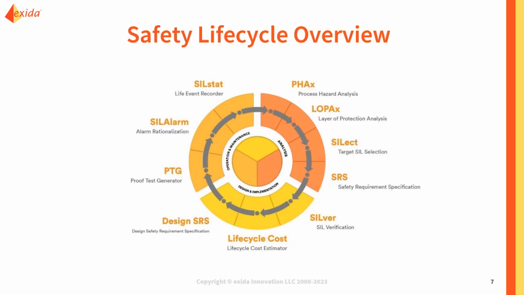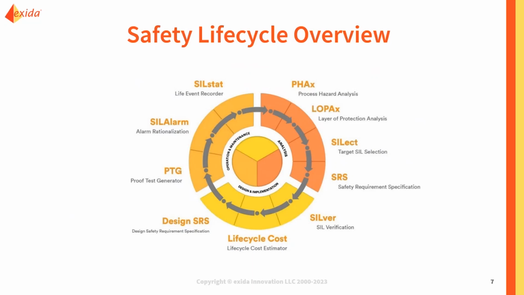And ultimately, for the ones that are most high risk, you're going to go forward into a layer of protection analysis. And since you've already documented the causes with exSILentia, those will come over into the LOPA as initiating events. And your safeguards will come over into the LOPA as potential IPLs. You'll determine if they're independent, and you'll take a look at the frequency of that hazard scenario given the IPLs that you have.